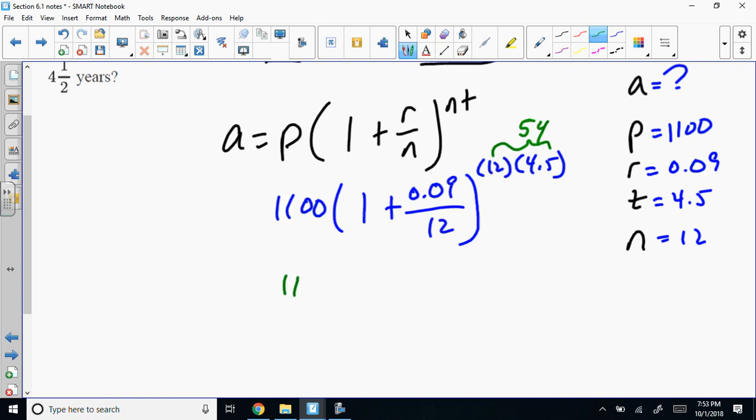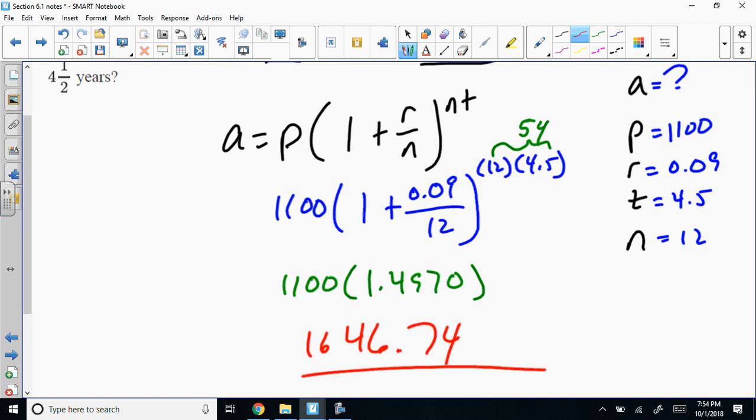And you should have something that looks like this. Now, times 1100, and that should get us all at the right number, 1646.74, right?